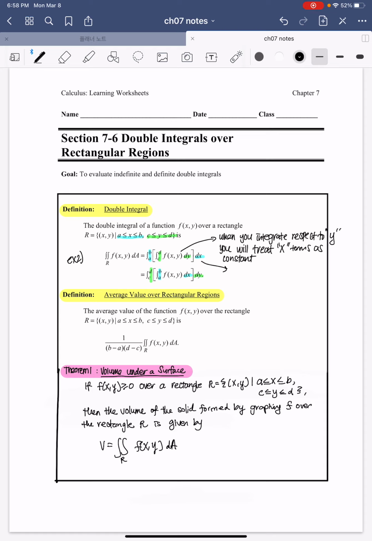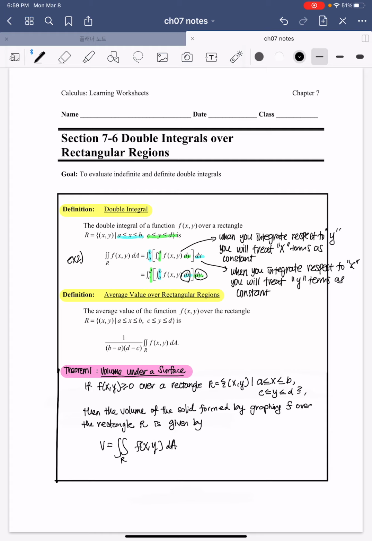Then dx, this means you integrate with respect to x. So second time when you integrate the second integral, when you integrate with respect to x, then you will treat the y term as constant. Okay, vice versa for the second one. This one dx, you're going to treat the y term as a constant. dy, you're going to treat the x term as a constant when you integrate.